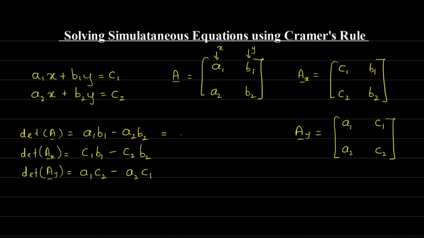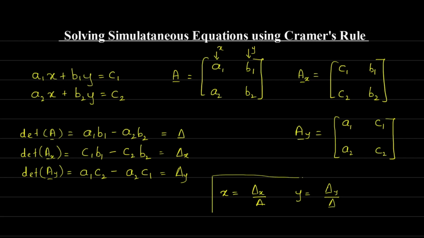Now these determinants, I'm going to call the first one delta, the second one delta x, and the third one over here delta y. And using this, we can get this extremely simple solution that x is going to be equal to delta x divided by delta, and y is going to be equal to delta y divided by delta once again.